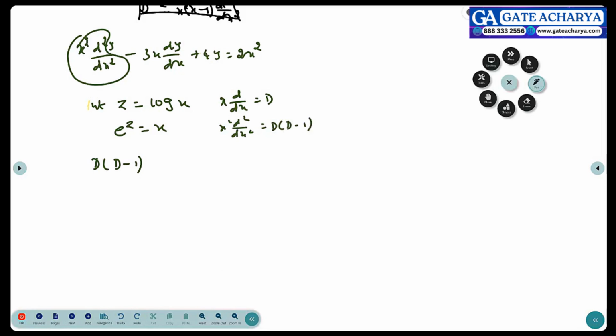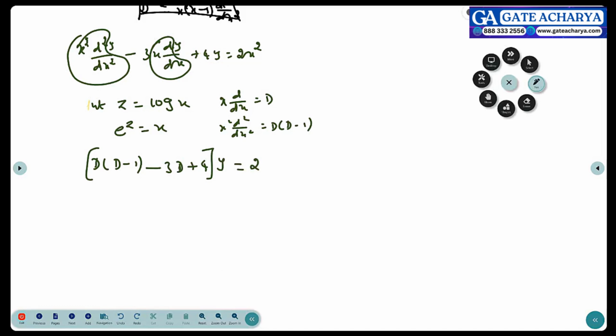Here only second derivative. Therefore, instead of x square d square by dx square we write D into D minus 1, minus 3 into x d by dx, which is D, plus 4 alone. Into each term we have y, so take y as common.